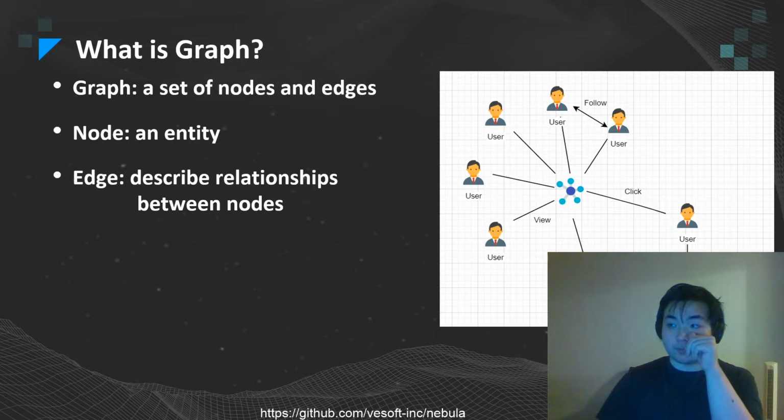Edges represent the relationships between different entities. And the graph itself is a set which contains both nodes and edges. So you can define your relationship with your friend, such as friendship, as a relationship. If your friend borrows money from you, you can define that too.